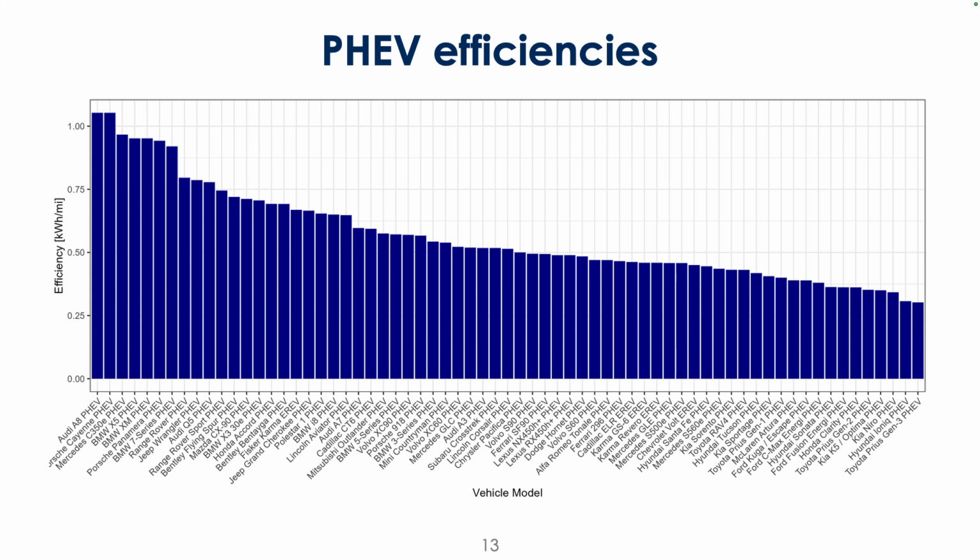So there's an even bigger range in plug-in hybrids. Their motor efficiencies and converter efficiencies are not always going to be as robust as with battery electric vehicles, and that's why we see some of the efficiencies being quite inefficient at that high end in comparison to BEVs.